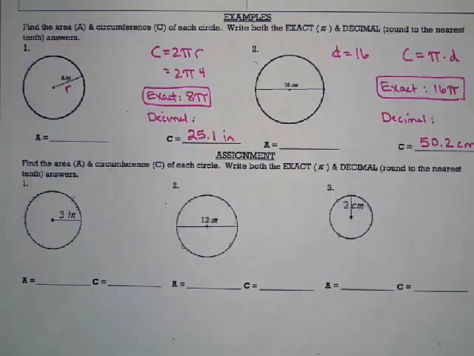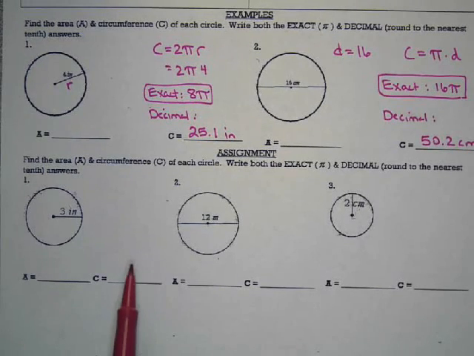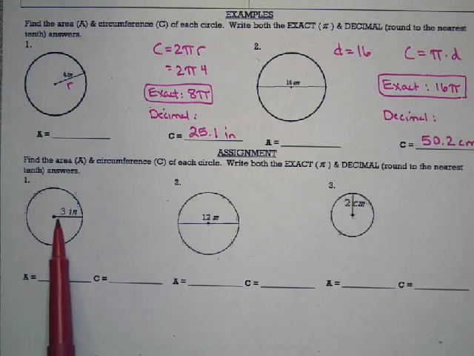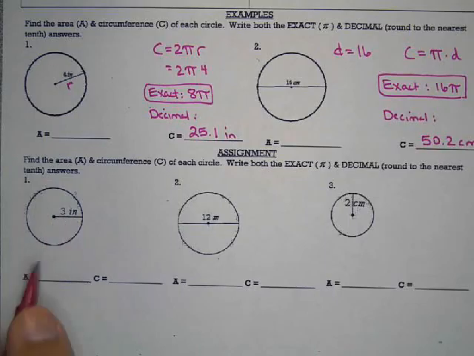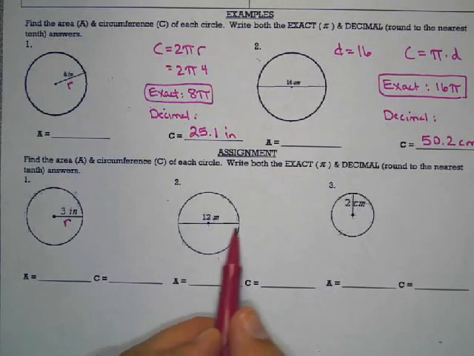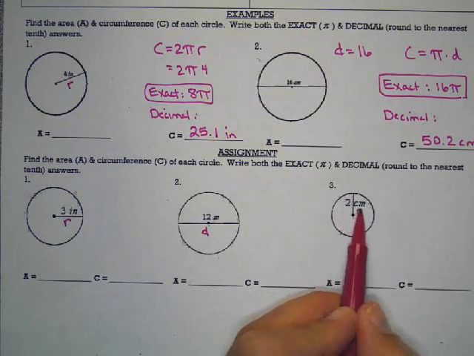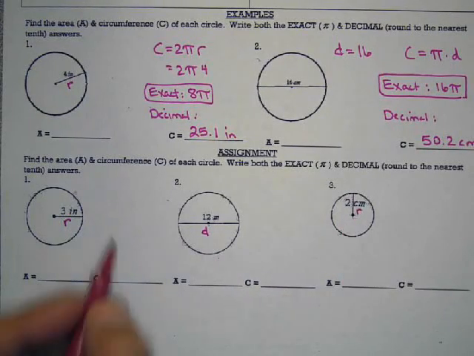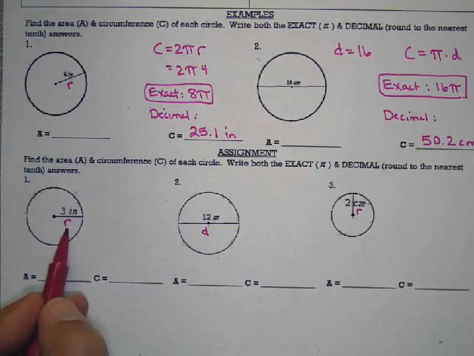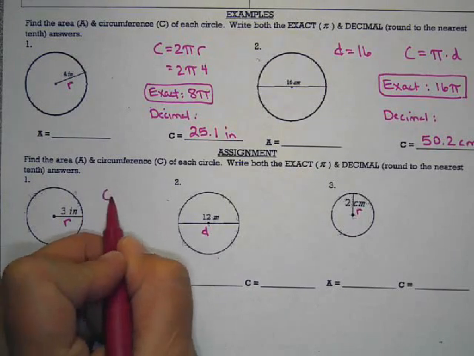The decimal, multiply it. So let's look at these 3 problems right here. Radius or diameter? Okay, radius. Radius or diameter? Okay, that's your D. Radius or diameter? Radius. So for circumference, if you have radius you're going to use 2 pi r.